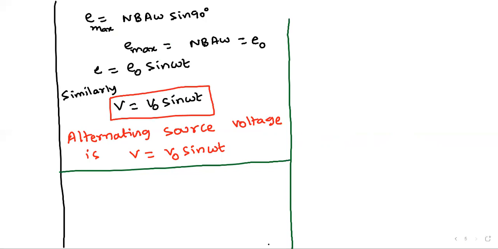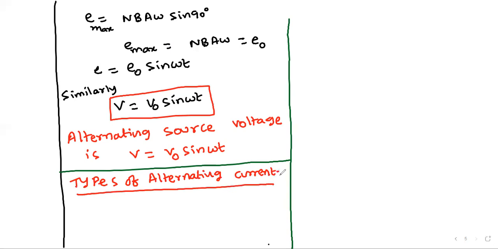Okay, fine. Next one is types of alternating source or alternating current. Firstly, we are having sinusoidal AC.